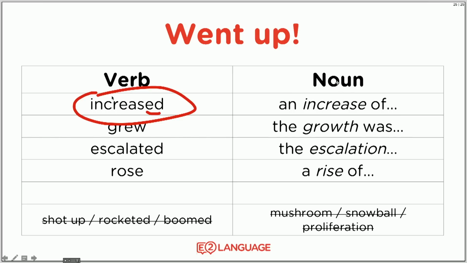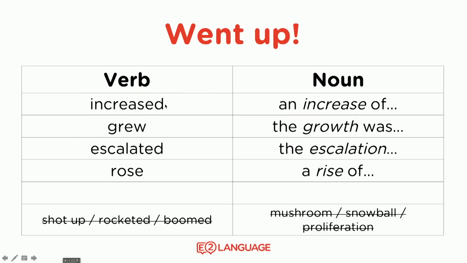And let's say you also use the noun, an increase of. Here's the noun here. That would actually be counted as variety because you've used different word forms. So that's just something to keep in mind. You need to know the verb form of the word and you need to know the noun form of the word. So for went up, increased is a good one, but you don't want to use that too many times.